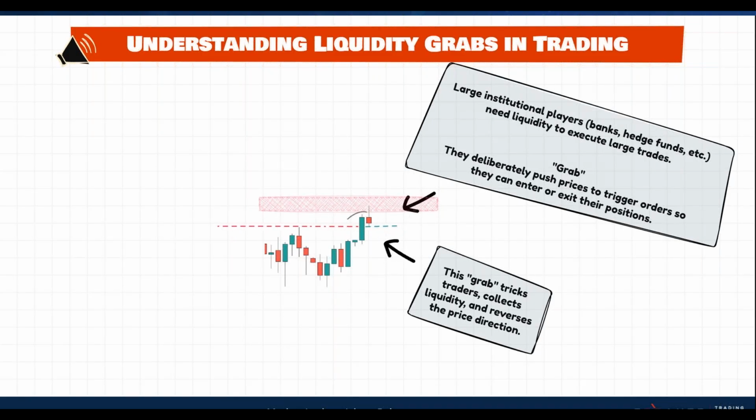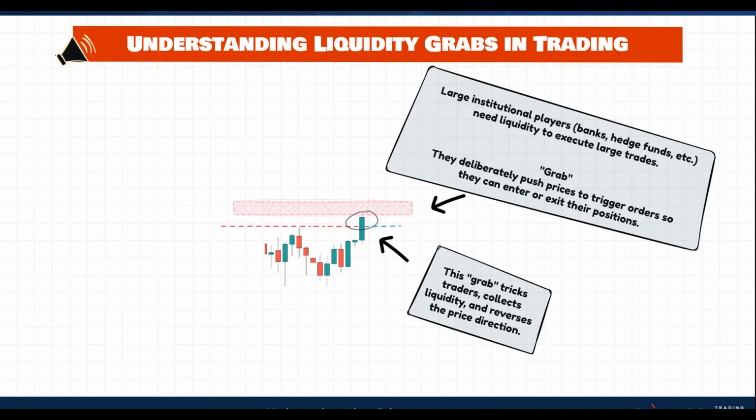Keep this in mind. See this guy over here. I forgot to tell you this one. With this grab, when the LG guys or the big banks force the market towards the upside into these liquidity zones or liquidity pools, this grab tricks traders.